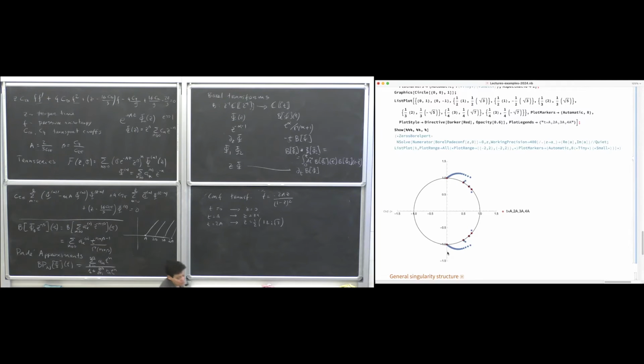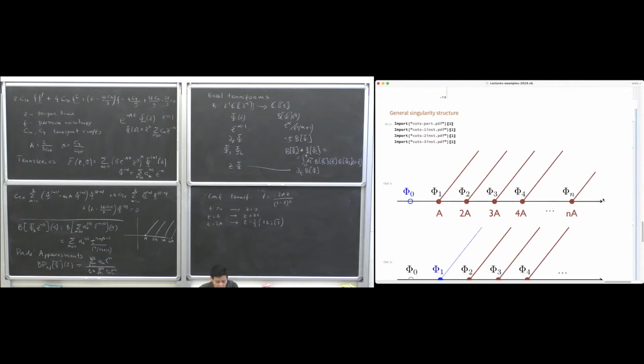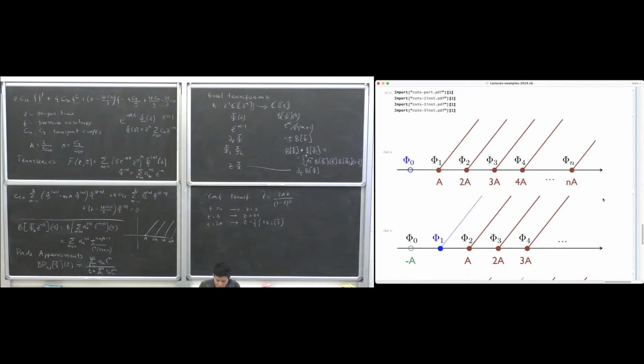What I wanted to say is that indeed the general singularity structure that you expect is something like that. So you'll have cuts at phi that are associated to the sectors phi 1, phi 2, phi 3, phi n. But we're doing the perturbative series. What would happen if, instead of analyzing phi 0, I analyzed the Borel transform of phi 1? What type of singularity structure would I expect?